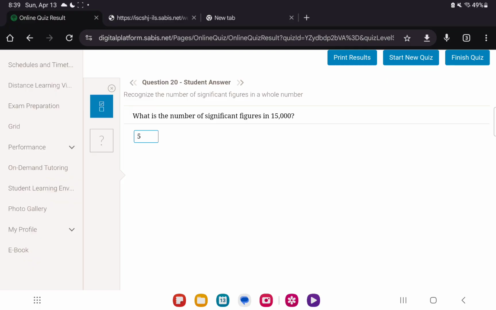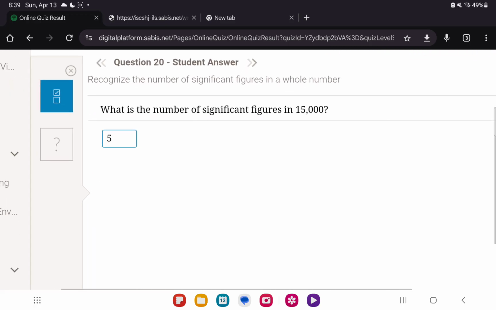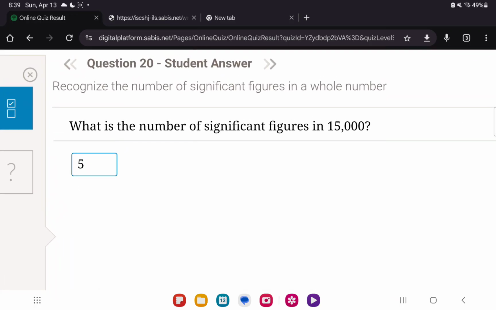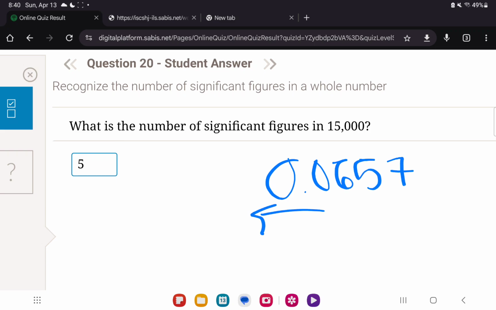Okay, the next question is like literally my favorite question because it's one of the easiest questions in the whole quiz. You're asking for the number of significant figures, okay? So you just count the number of numbers in there. But let me tell you, if they give us a 0.0657, for example, okay? The zeros to the left of the number do not count.